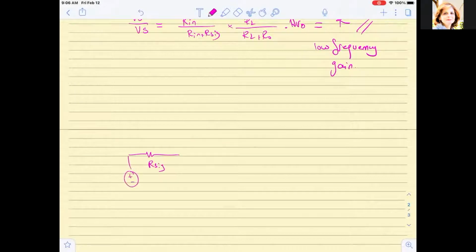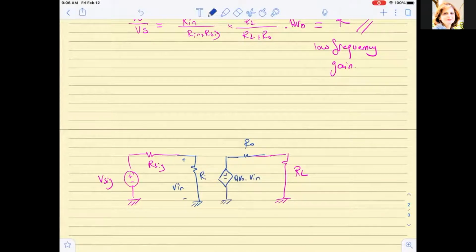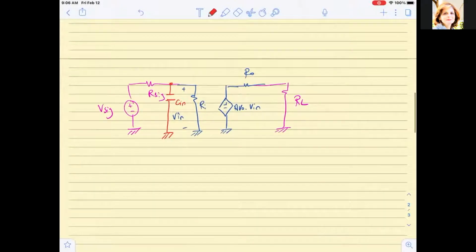Okay, this is V sig, R sig, and I have my output load RL. I have my amplifier as we drew it before, drawn by Rn, and this is Vn, and I have the Ro and the intrinsic gain of the amplifier, which is AVO times V. Now what if I tell you that we find out that we have a capacitor Cn in parallel to Rn due to the parasitics of the amplifier?